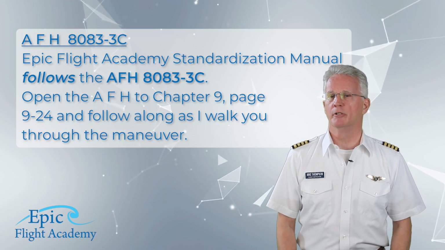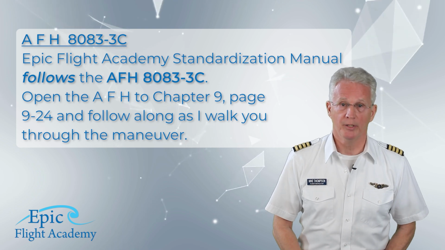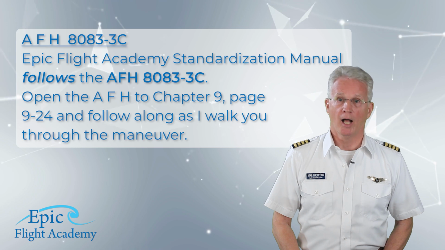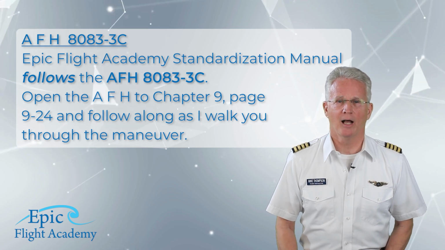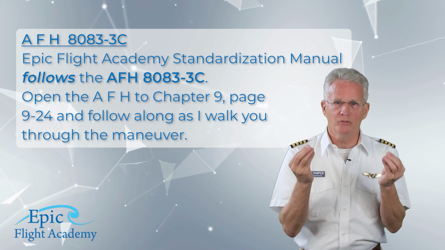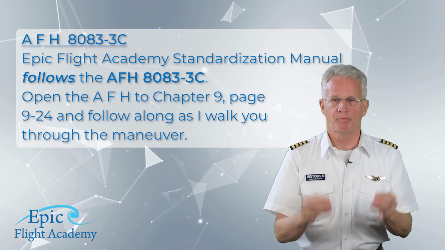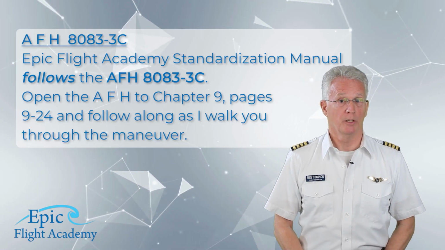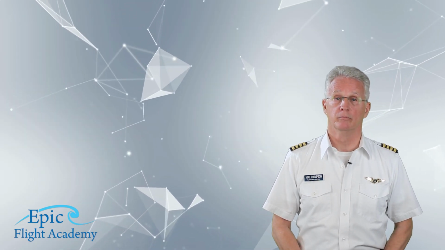Now, to get started in the maneuver, please open the Airplane Flying Handbook to Chapter 9 on page 24 and understand the real and fundamental goal of practicing this maneuver, shown in paragraph 2.